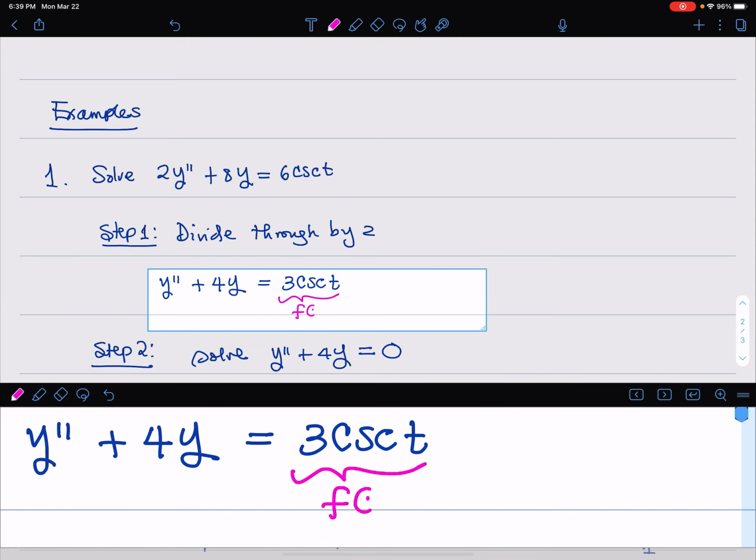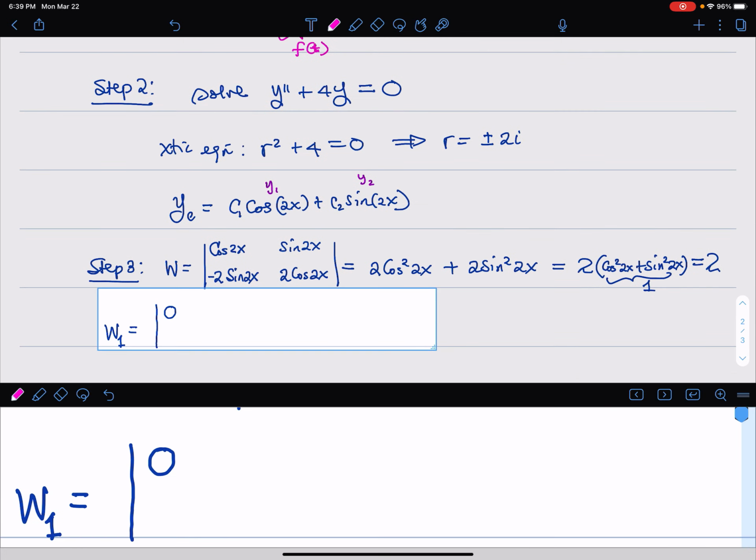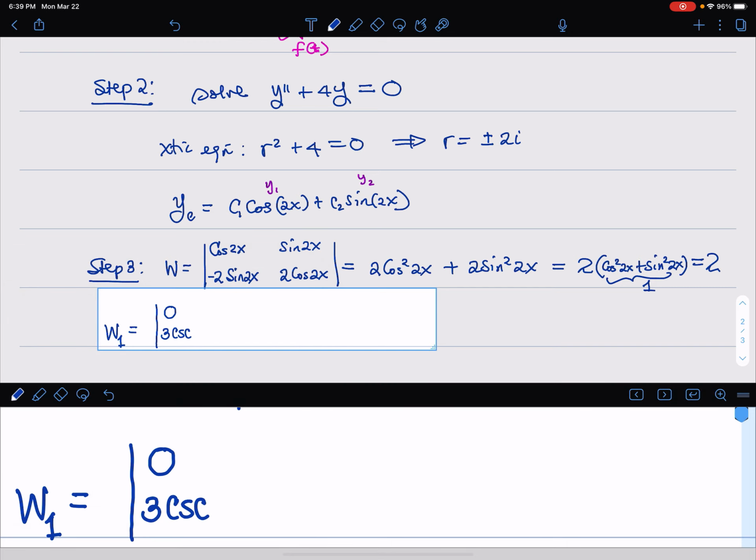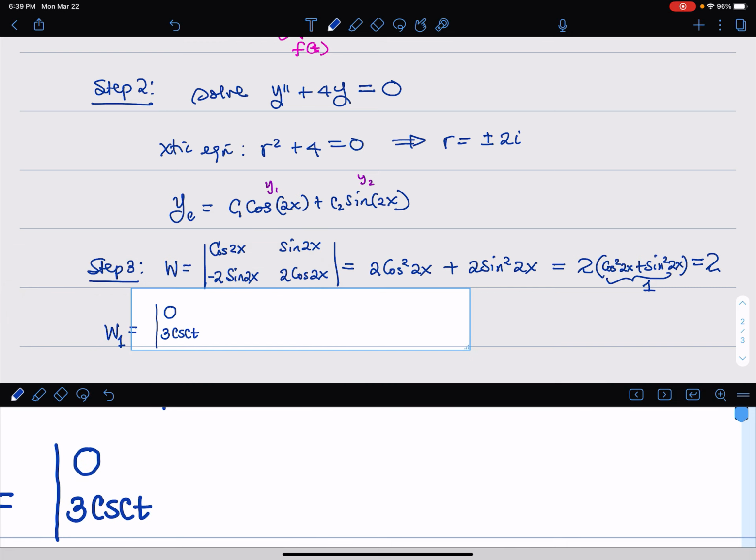So f of x, or f of t actually in this case. So I'm going to put 3 cosecant of t.